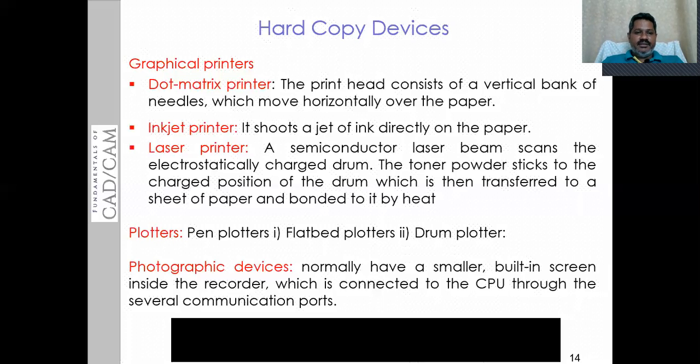Whenever you want to get an image, or text, or something on the paper, these needles in the vertical plane are going to impact on the paper to get the print on the paper.